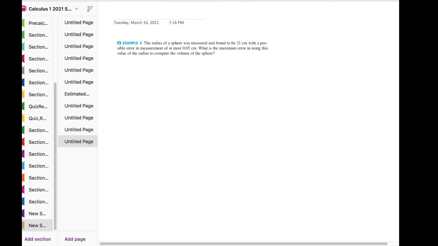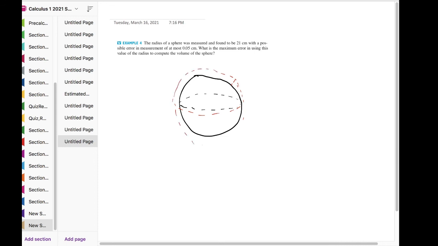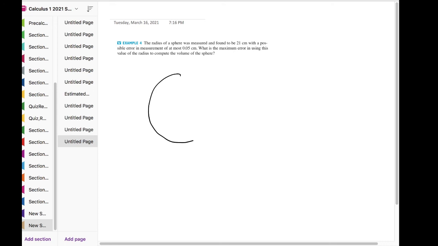Okay, so we have the radius of a sphere that was measured with an error of at most 0.05 centimeters. Using this measurement tool, it was a bit off, maybe. Sorry, the radius was off, not the whole surface area.